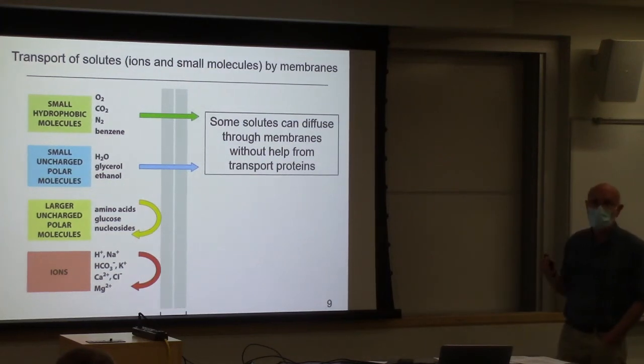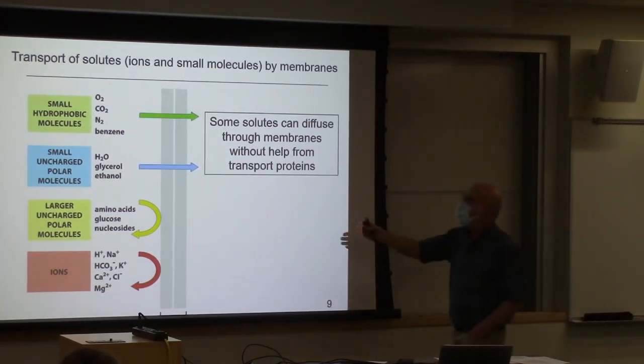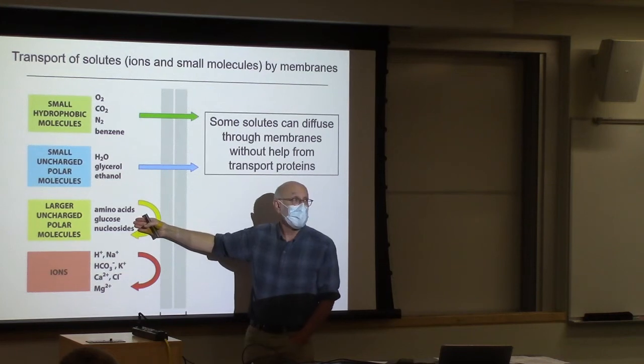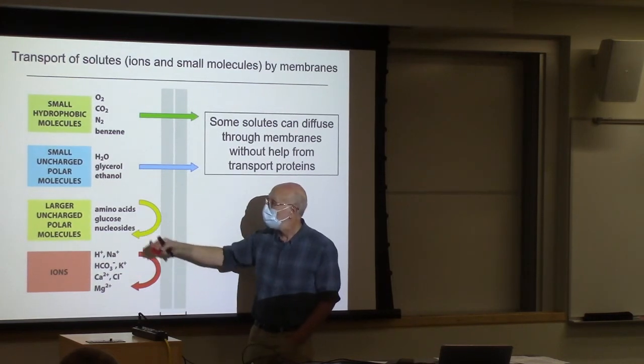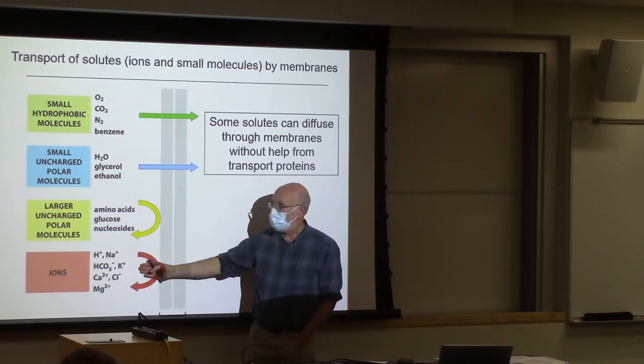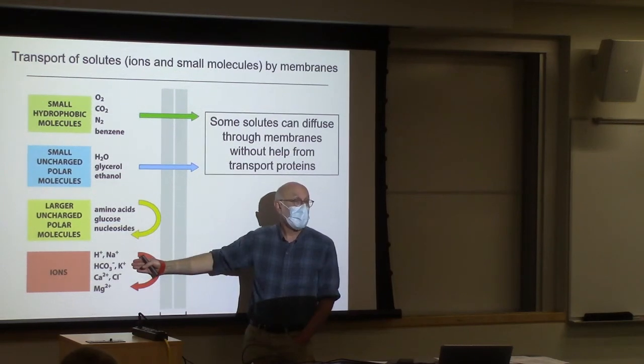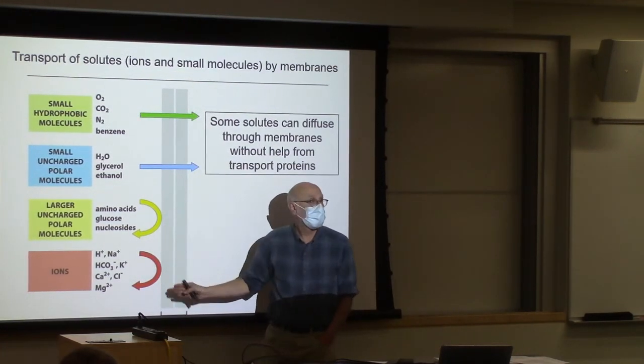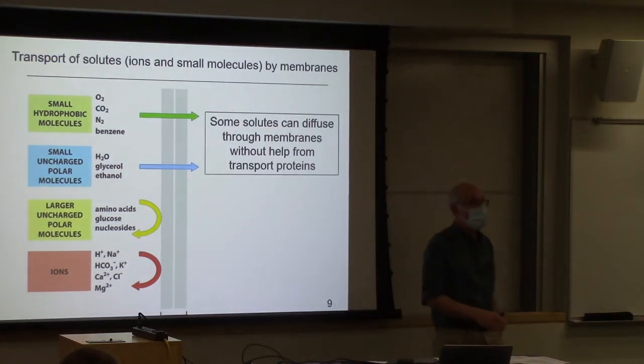Not just passive transport, simple diffusion. Most of the other things that we're interested in this course, like amino acids and glucose in the digestive tract and in the kidney, ions in muscle and heart and kidney, they cannot undergo simple diffusion through membranes.